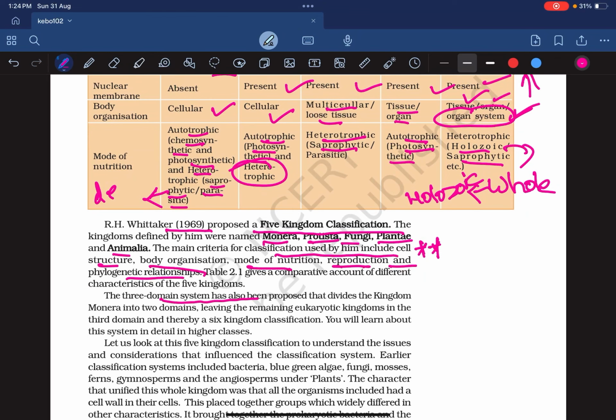The three domain system has been proposed that divides the kingdom Monera into two domains.